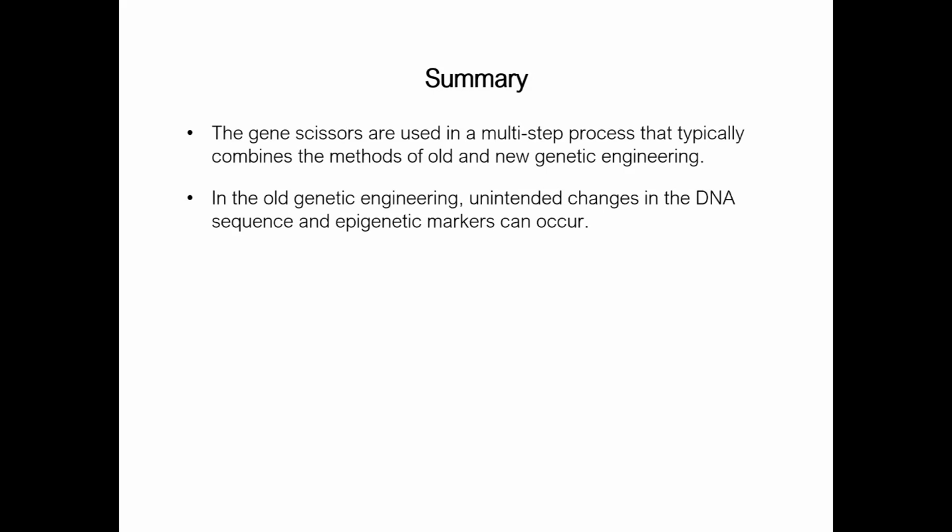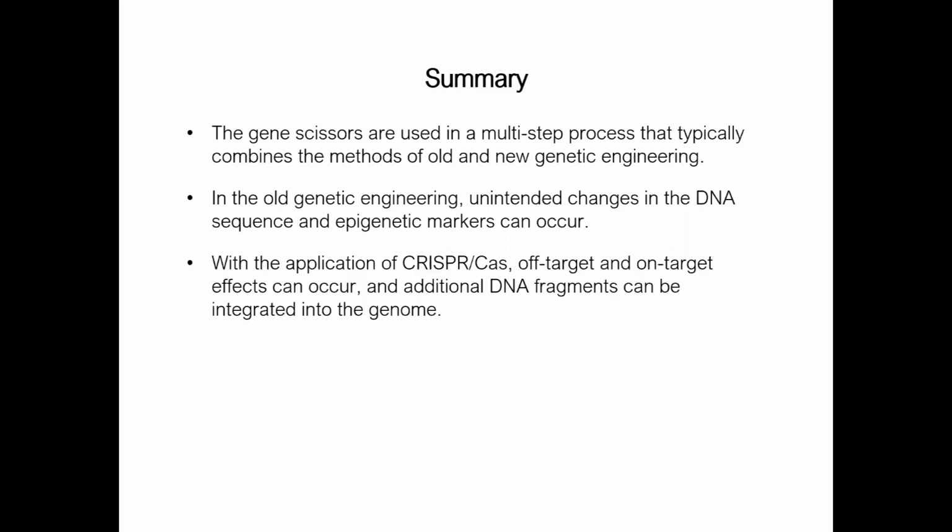For example, DNA sequences can be integrated into the genome. In addition, it has also been observed that the distribution of epigenetic markers has changed through the application of the old genetic engineering methods. With the application of CRISPR-Cas, off-target and on-target effects can occur and additional DNA fragments can be integrated into the genome.